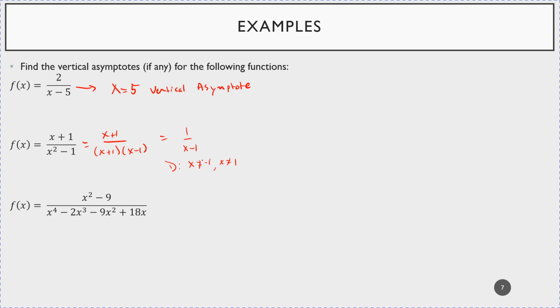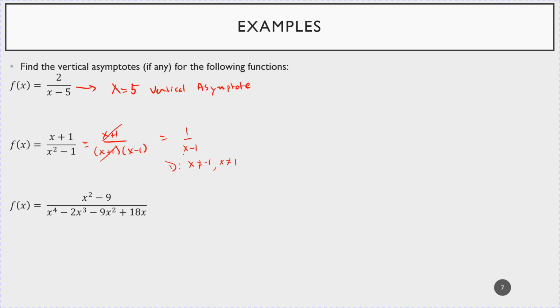All right, but if you plug in 1 into this, you're going to get 2 over 0. Okay, so notice how you cancel this out. So you're canceling out the negative 1 factor.